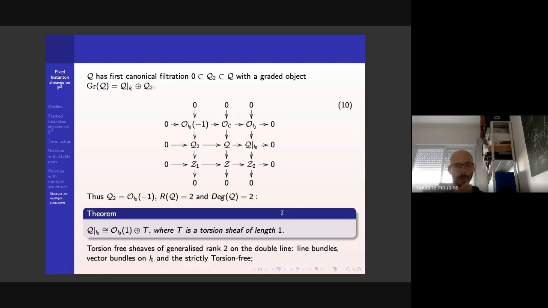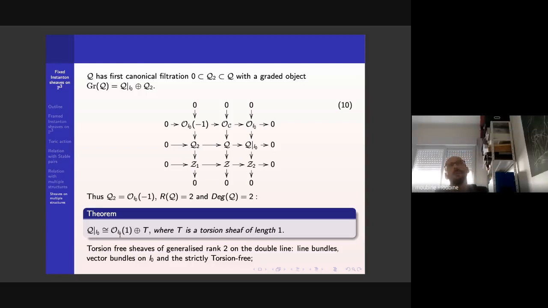And this is based on the fact that on the double line, the sheaves of generalized rank 2 can be only line bundles on the double structure, vector bundles of rank 2 on L0, or strictly torsion free. And it turns out that in this case, it's strictly torsion free. So there are simple sheaves on double structures, also called ribbons sometimes.